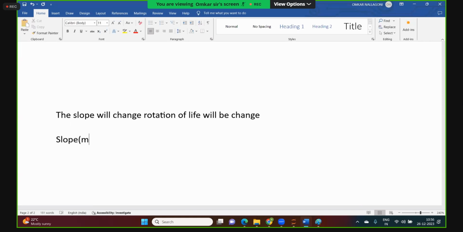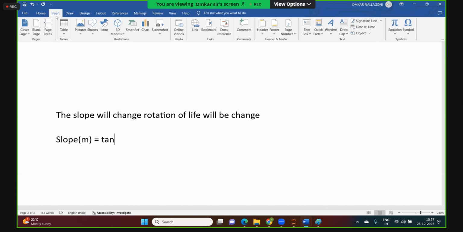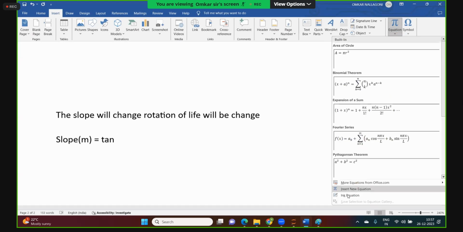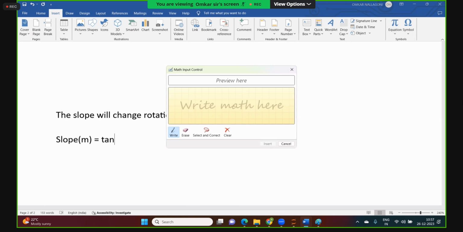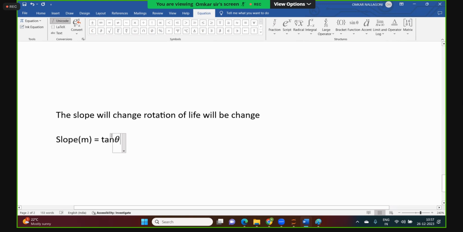Slope m is equal to tan theta. That is the importance of slope. What is the meaning of m as slope? m is nothing but the rotation of the line. Slope m equals tan theta.